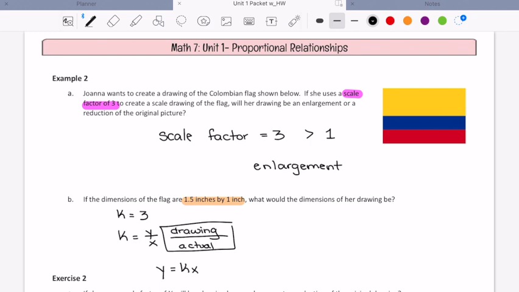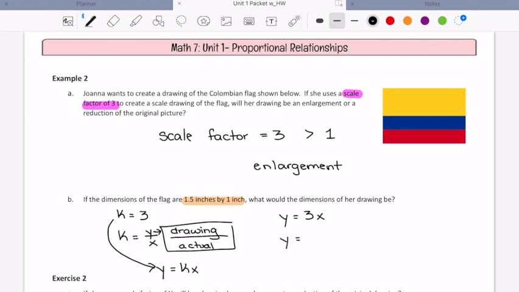So I'm going to use my equation to find the missing dimensions. I'm going to write this equation with my specific scale factor, so y equals 3 times x. And now it is asking me for the dimensions of the drawing. Well, drawing is the y variable, so I'm going to be solving for y.